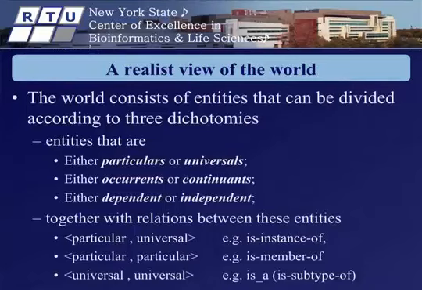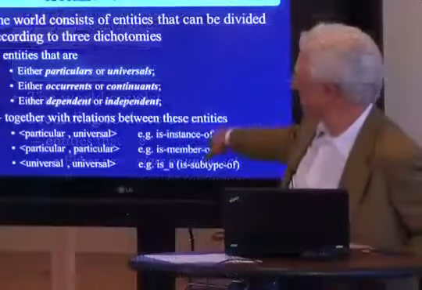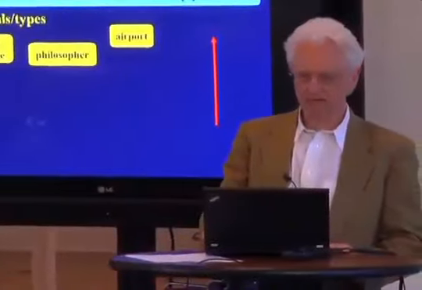There may be third things, but there are at least occurrents and continuants. And some continuants are dependent, some are independent. And then we talked this morning about different kinds of relations, relations between particulars and universals, relations between particulars, and relations such as are used by ontologies, between universals and universals. So that's just repeating some of what we said in the morning.